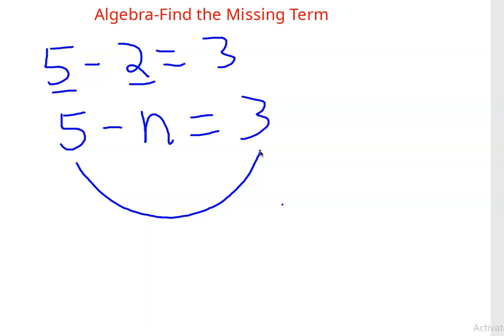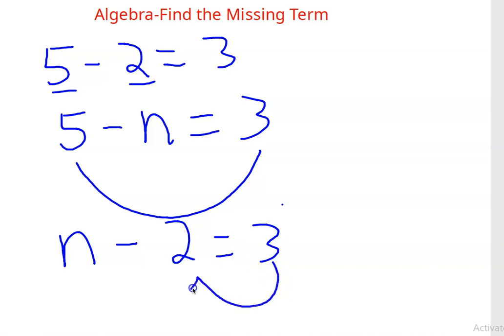However, if it's the first one that's missing, n minus 2 equals 3, in this case it would be inverse. 3 plus 2 equals 5, because you have to keep in mind that the first number is always the largest in a subtraction problem. So it depends which one you're missing, and you don't have to memorize it because you're going to do what you think, and you'll probably be right, and at the end you'll substitute it in and see if it makes sense.